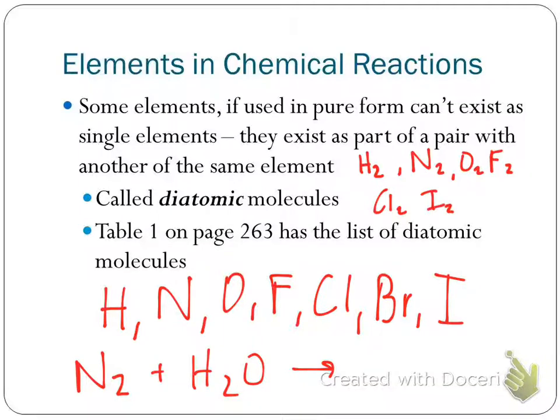They pair with another of themselves and they become a molecule. I left one off there, Br2, bromine. They exist as a pair with one of themselves. So that's how they have to exist if they're nitrogen or hydrogen or whatever.